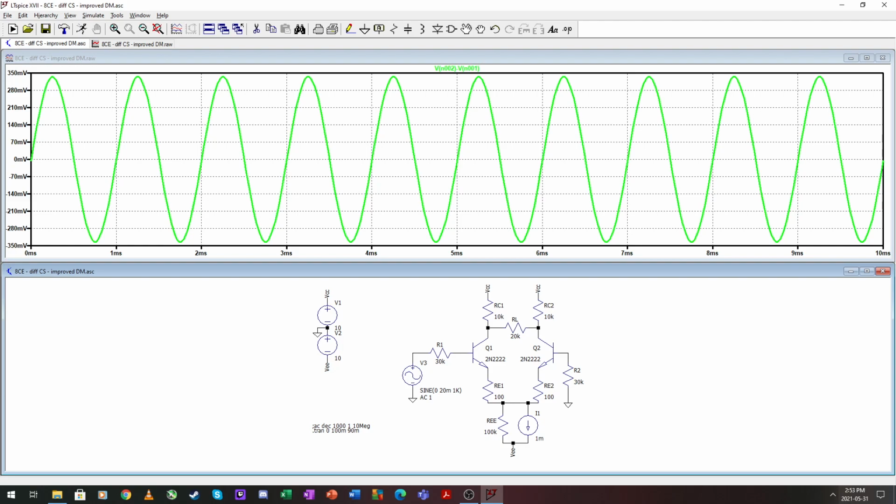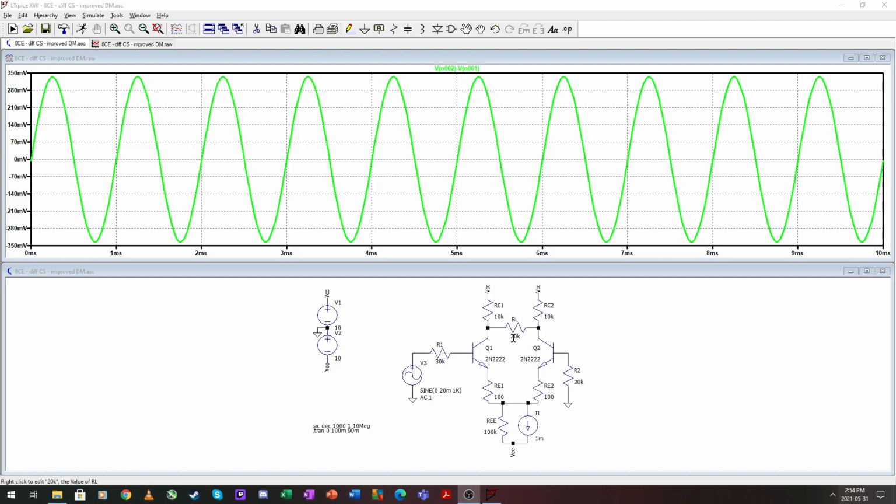So 20 millivolts in multiplied by 200 degenerated by 1 plus the transconductance times the emitter resistor, times half for the output loading and half for the input impedance being the same as the source, and that gives us 350 millivolts, like that.